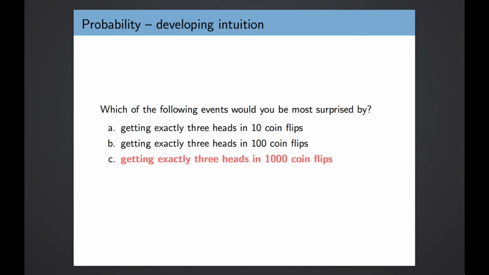Of course, the most surprising of these outcomes would be getting 3 heads in 1,000 coin flips. Because we know that a fair coin has a 50-50 probability of landing on either heads or tails, we would expect that we would get roughly 500 heads in 1,000 coin flips, so getting only 3 would be a radical departure from what we expect.